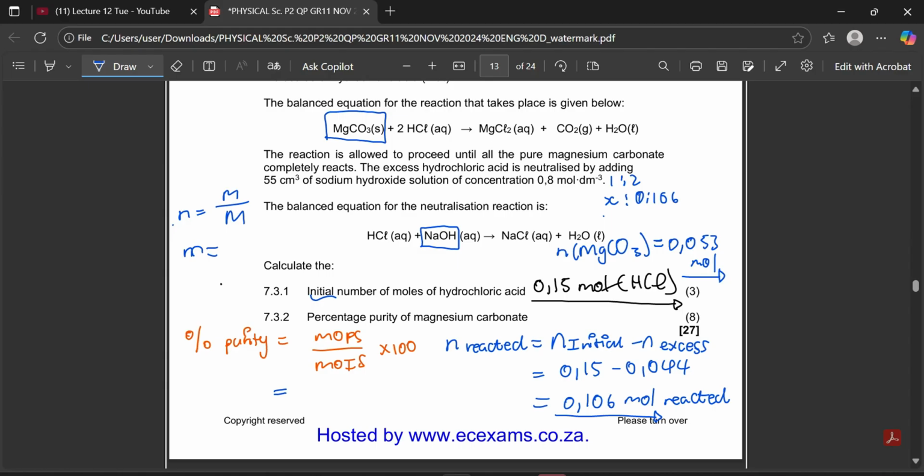That should give me 4.452 grams. So that is the mass that I actually get for magnesium carbonate.